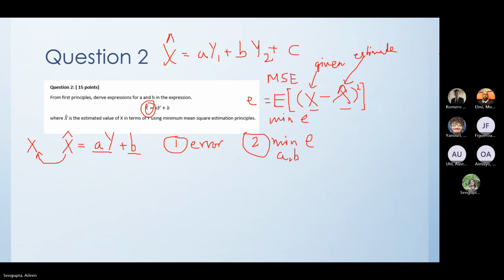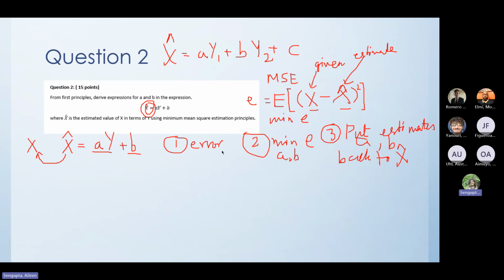And then the third step is to put the estimates of A and B, these two estimates, back into X hat. So these are the three steps that you have in this problem.